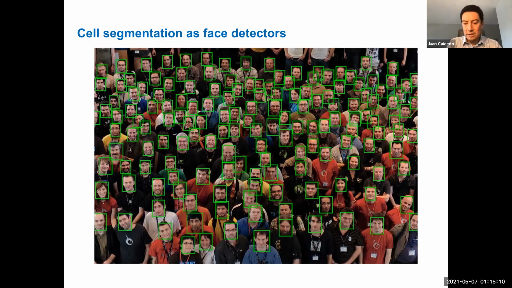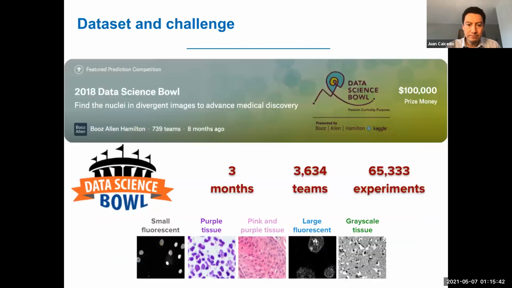In natural images, we have algorithms that go and look at pictures in social media or even in our own phones, and they automatically detect faces without us having to tweak any parameter or having to do any training ourselves, right? Those models are trained to detect faces in a variety of conditions, including crowds, indoors, outdoors, and so on and so forth. And they work well. So why don't we have something like that in biology as well?